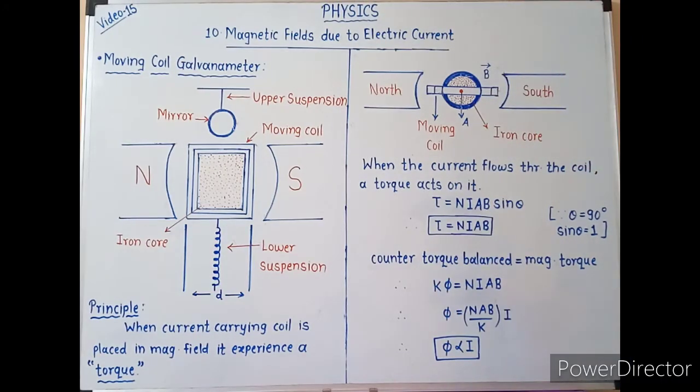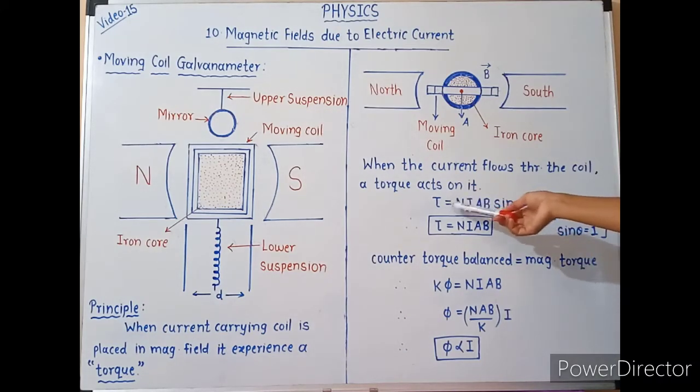Now we will see the working of this moving coil galvanometer. So when the current flows through the coil, then the torque acting on this coil is tau is equal to NIAB sin theta. In the last lecture we studied this formula, and theta is the angle between the area vector of the coil and magnetic field B bar.